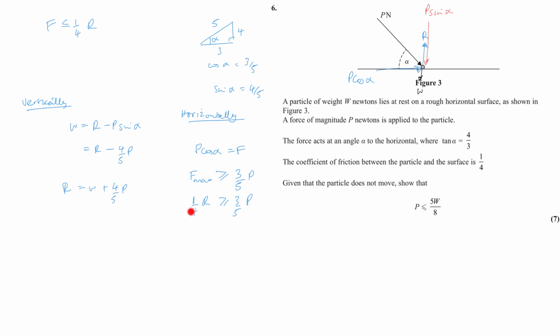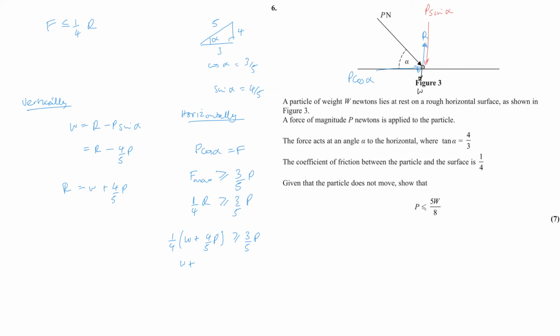So substituting this into here to eliminate R, we get 1/4 (W plus 4/5 P). Because we've got to get it in terms of P and W, so we've got to eliminate the R's. So we multiply by 4, isn't it?